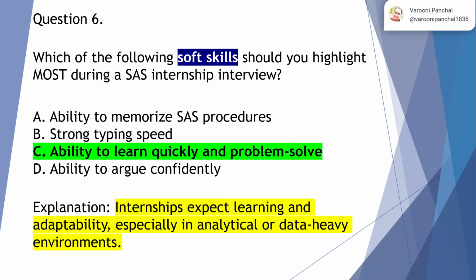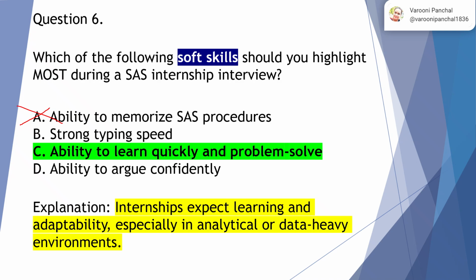Question 6. Which of the following soft skills should you highlight most during a SAS internship interview? Option A is the ability to memorize SAS procedures. Now, this is not the right answer. The reason is you may have the ability to memorize, but do you have the ability to implement? Do you have the ability to understand?